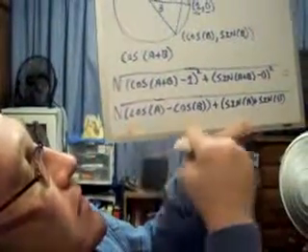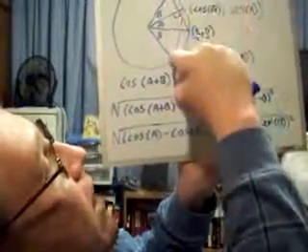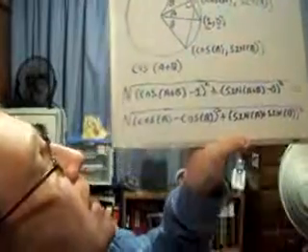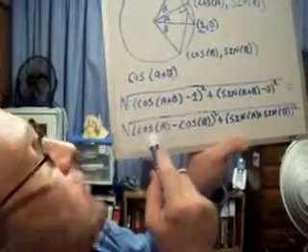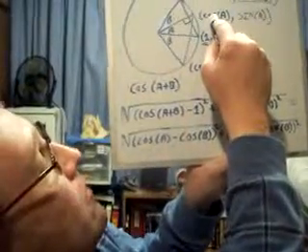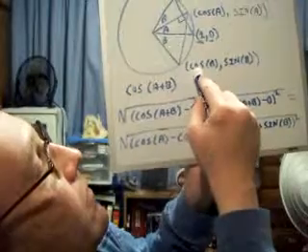This distance formula equation, let me try that again. This distance formula equation represents the distance right here. Now, how did we get these values? Well, the cosine of A comes from right here. The cosine of B comes from right here.